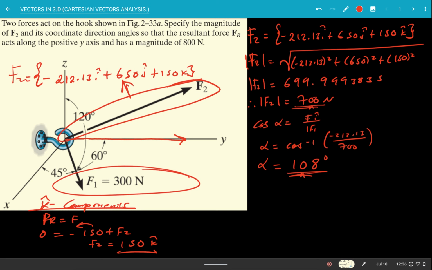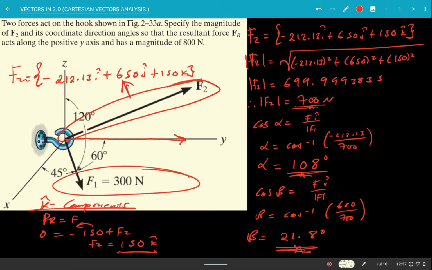Same thing with beta. Cos beta is the component in the J over the magnitude. So beta is equal to cos inverse of the component in the J, which is 650 divided by the magnitude, which is 700, and you get beta to be 21.8 degrees.